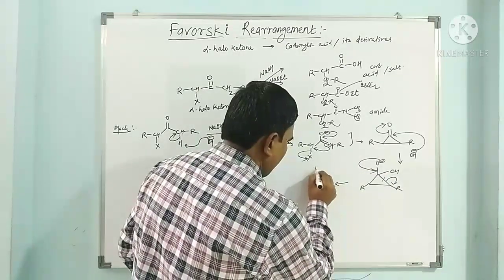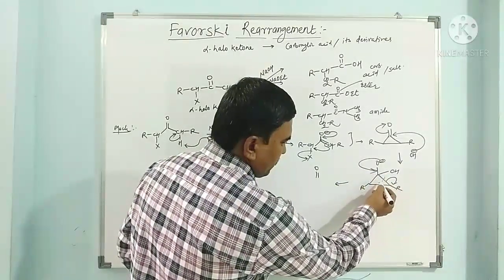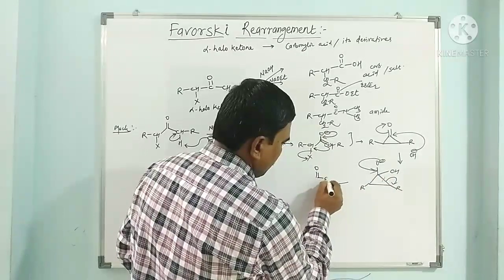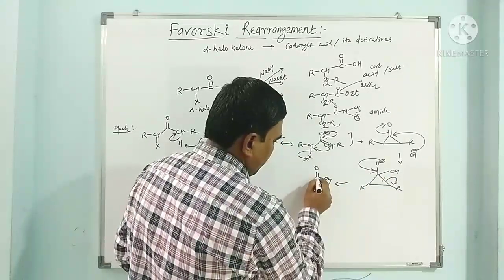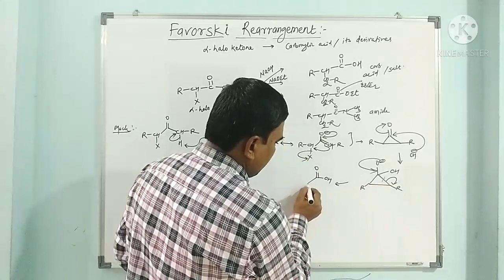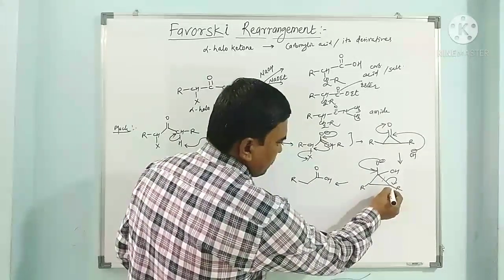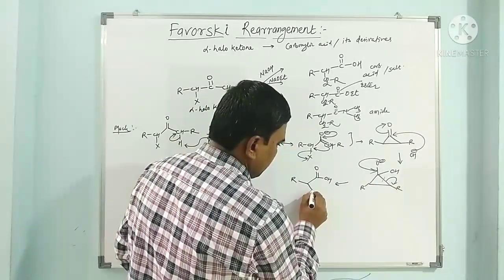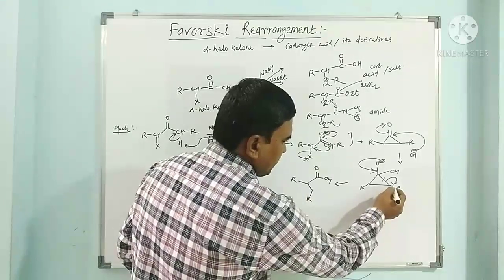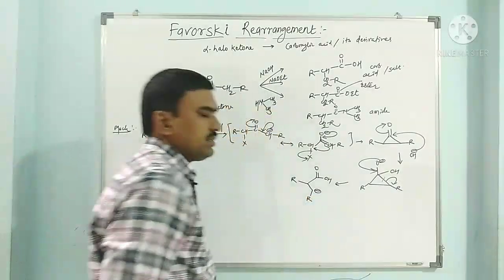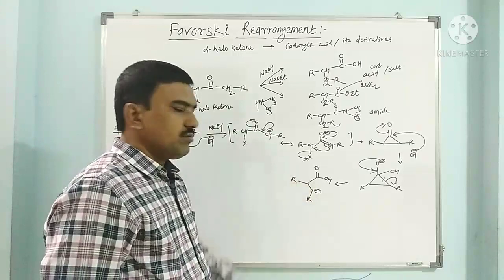C double bond O. This bond gets cleaved. So here there is OH, this is CHR, here this is CH, here this R, but here now it is a carbanion. So this is negatively charged.